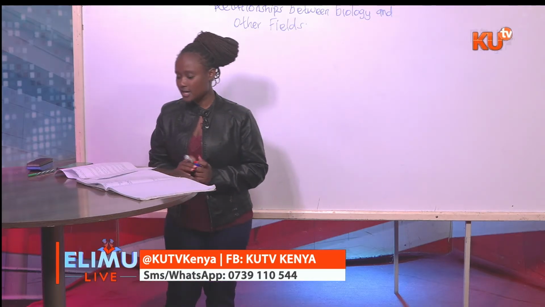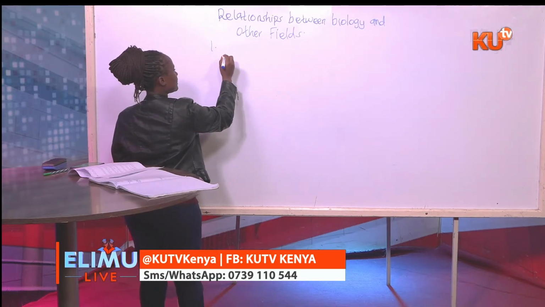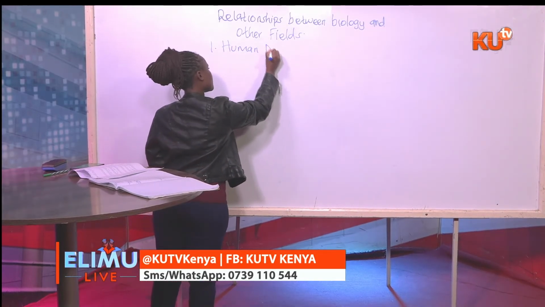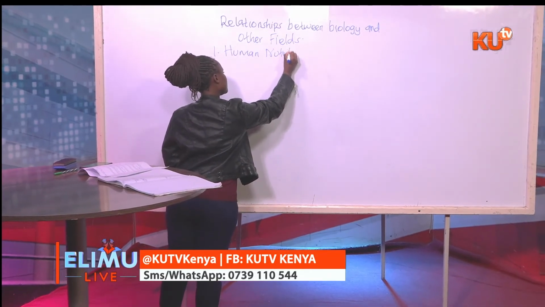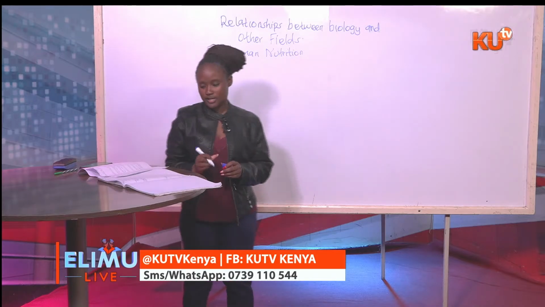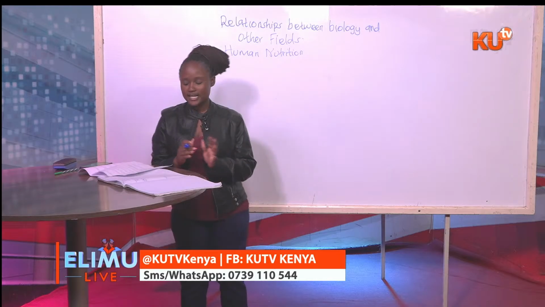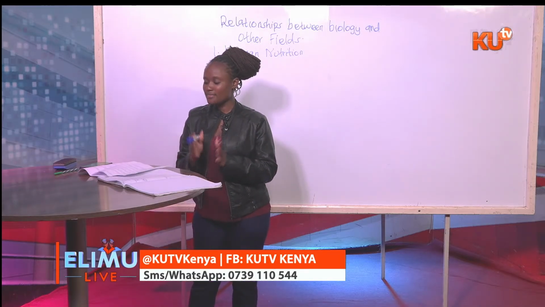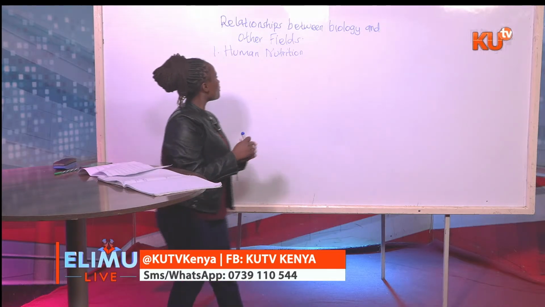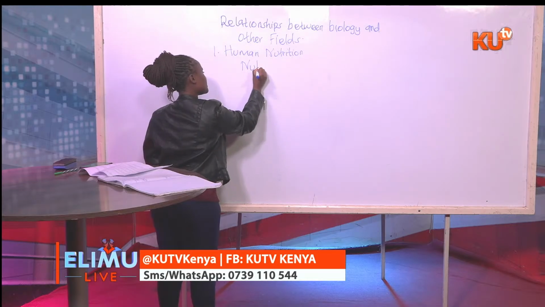We have human nutrition. Our first other field is human nutrition. How are biology and human nutrition related? Students learn about digestive systems, the role of nutrients like carbohydrates. So in nutrition we talk about nutrients.